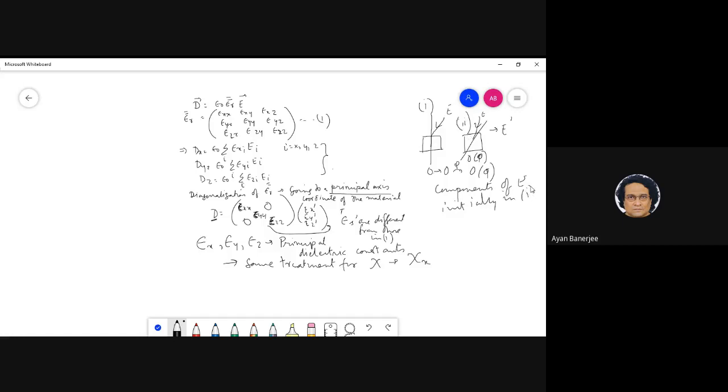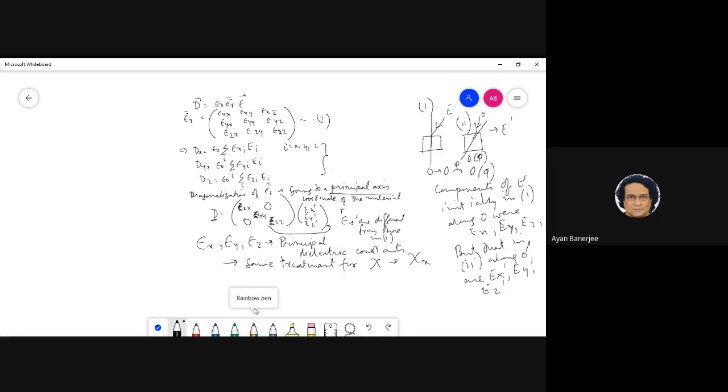Initially in 1, along O, they were Ex, Ey, Ez, but in 2, along O dash, they are Ex dash, Ey dash, Ez dash. That is very correct. That is true.